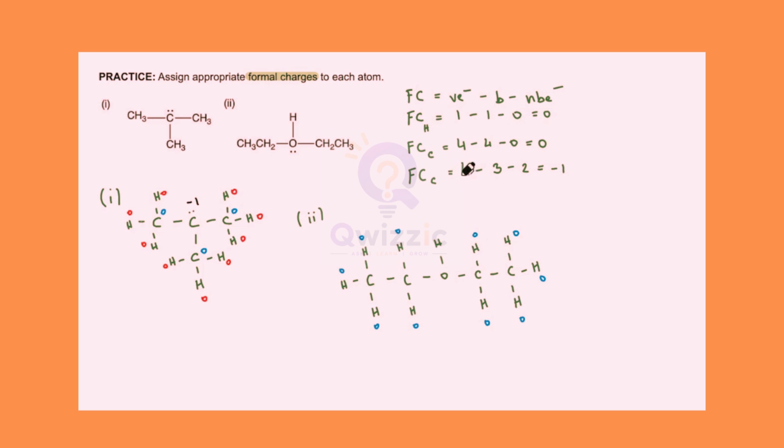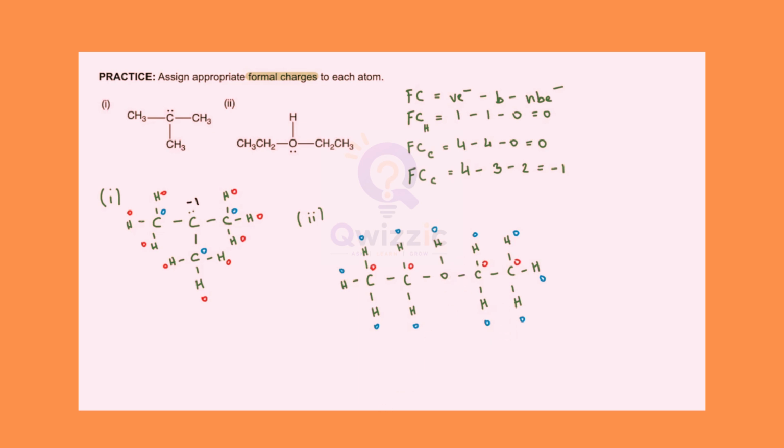Well, based on our formula, each carbon atom has 4 valence electrons, 4 bonds around it, and no lone pairs. Meaning, just as before, we get 0 formal charge for each carbon. So let's assign zeros. So the 4 carbon atoms have 0 formal charges.